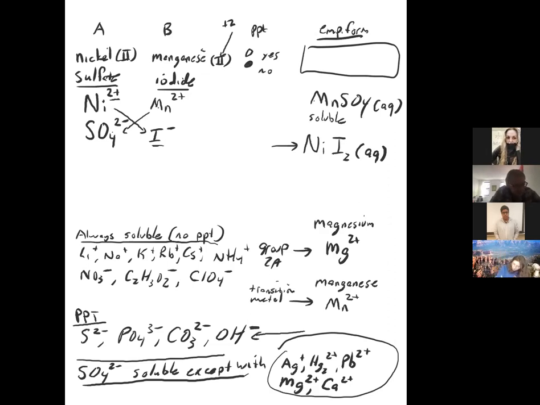And so there is no empirical formula to write, right? They only want the empirical formula if it forms the precipitate. So what that means is if you dissolved these compounds into water, they would dissolve into ions.